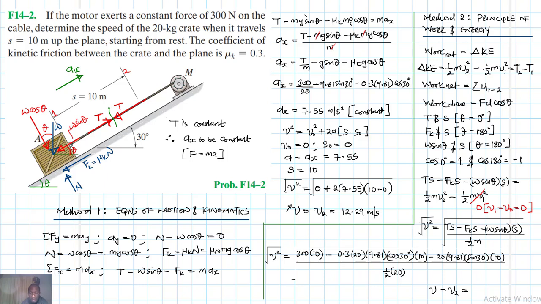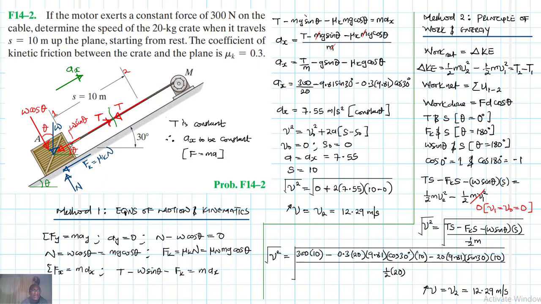We have 12.29 meters per second, and this is in this direction, like so. I guess we are done.